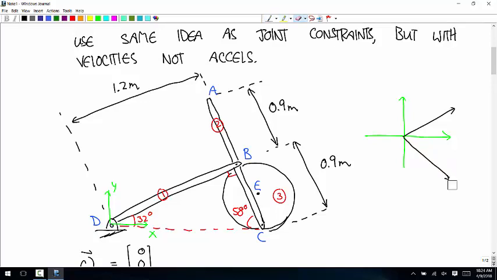This angle is 90 degrees from the first one. And so you go plus 32 minus 90. So that angle is minus 58.